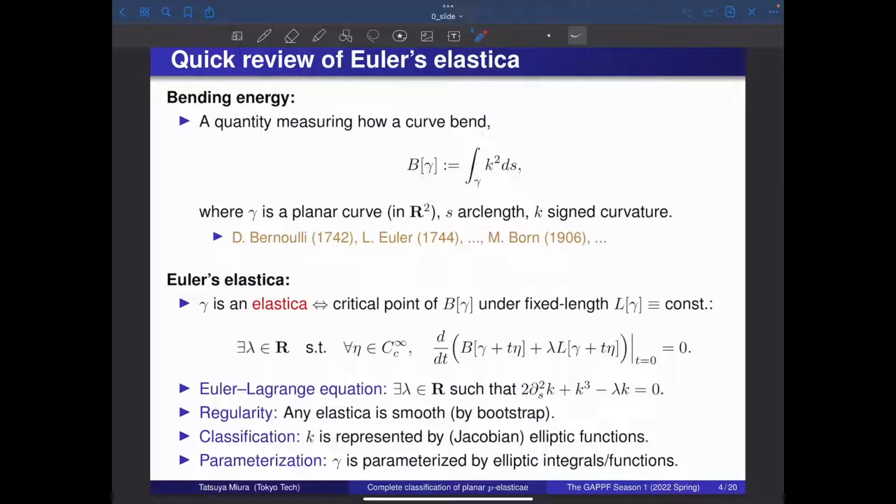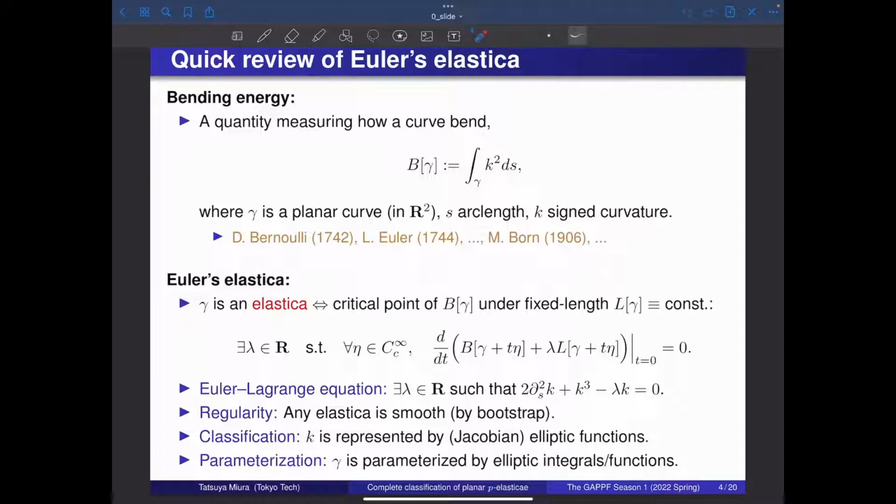Okay, anyway, now we define Euler's elastica. A planar curve gamma is called an elastica if it is a critical point of the bending energy B under the fixed length constraint. Here this capital L denotes the length functional for a planar curve gamma.